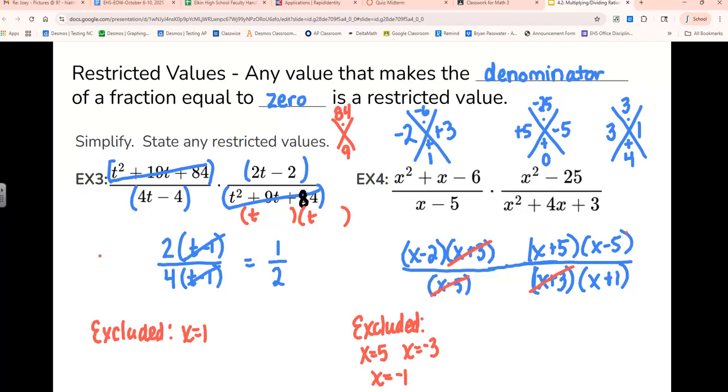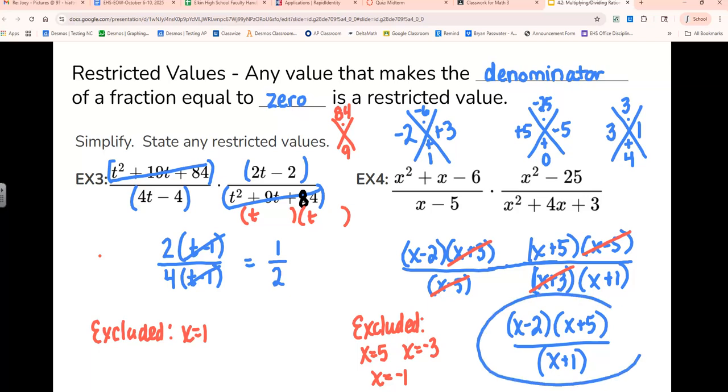I've got an x minus 5 and an x minus 5 right here. And so whenever I do that, I've got x minus 2 times x plus 5 over x plus 1. And that would be my simplified answer.